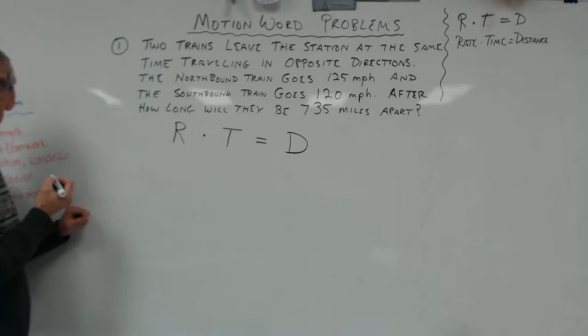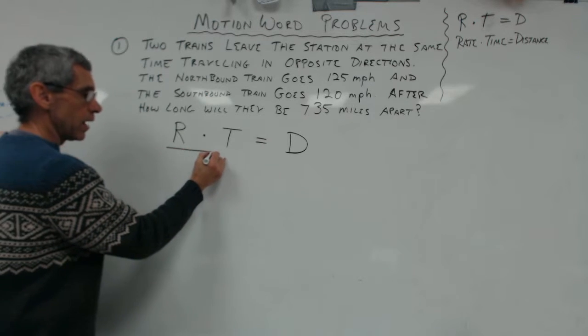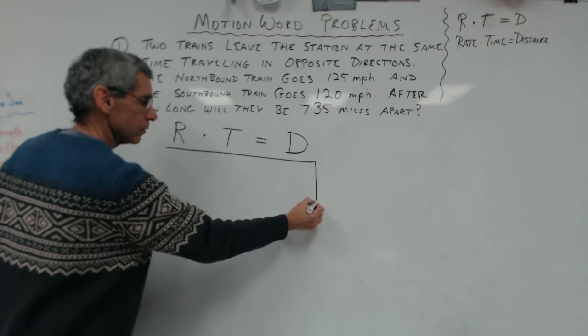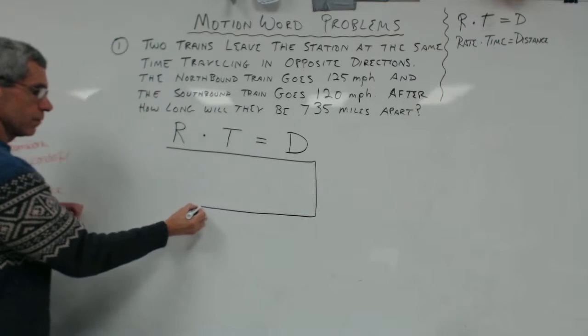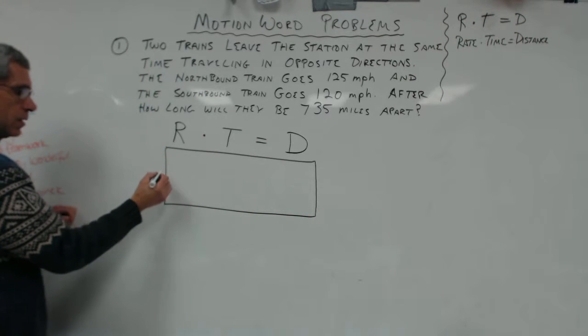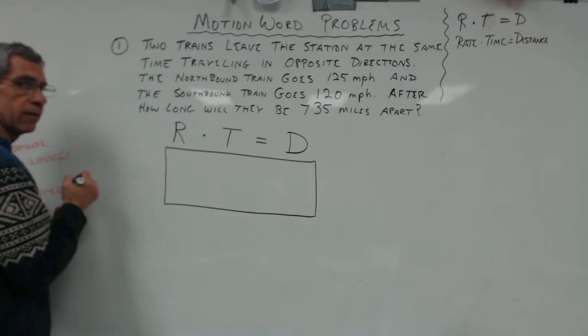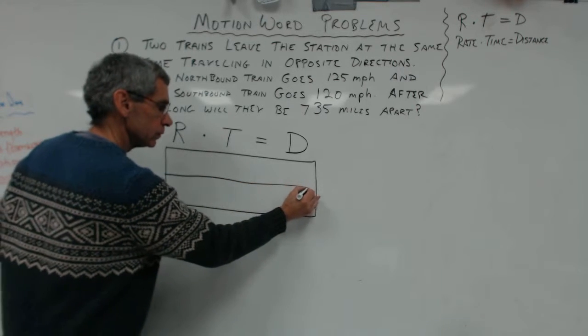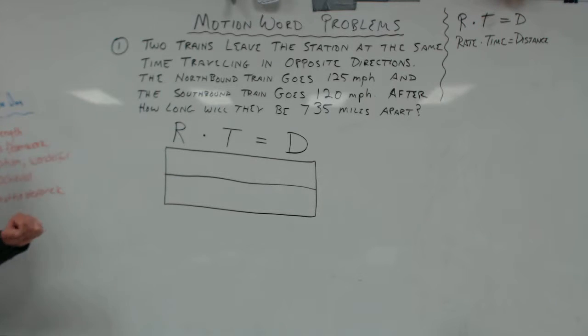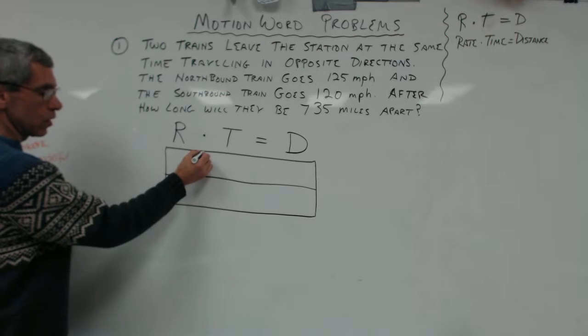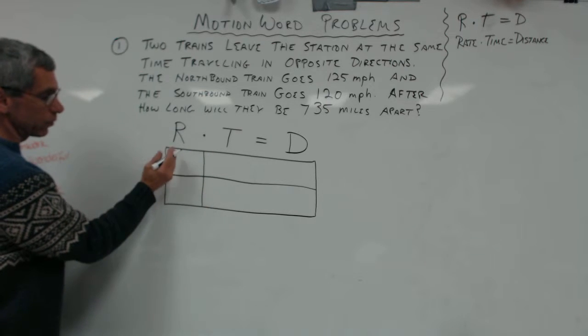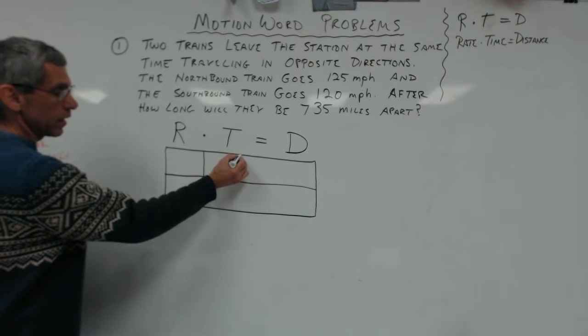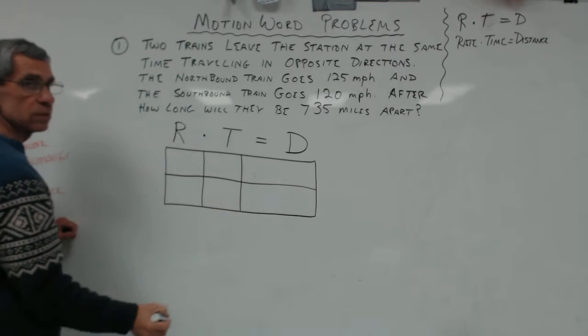R times T equals D. And I'm going to put a box underneath this. How many trains do we have? 2. So I'm going to make 2 rows, like this. Make sure this is in your notes. And then I'm going to draw a line here so that I separate my rate from my time from my distance.